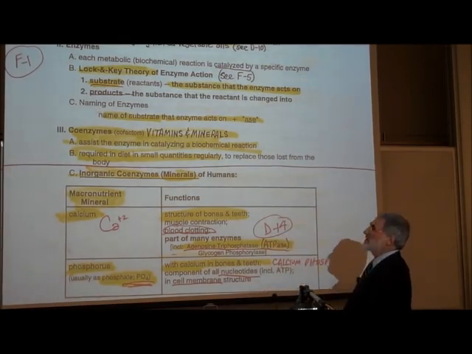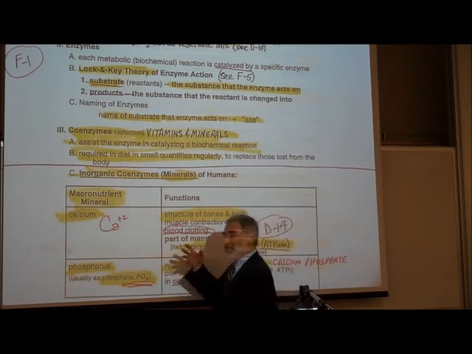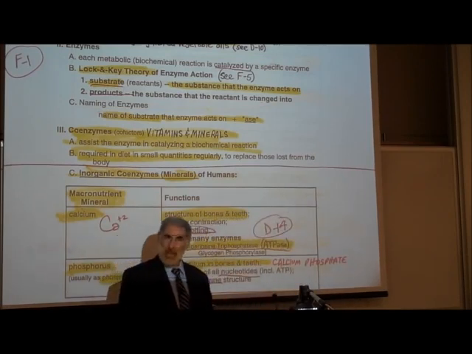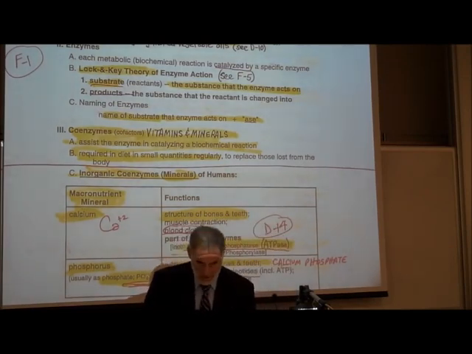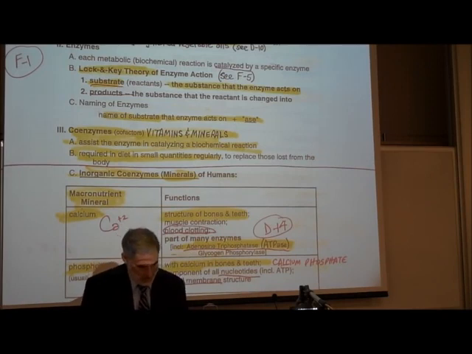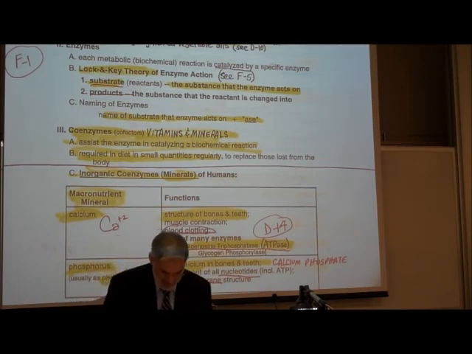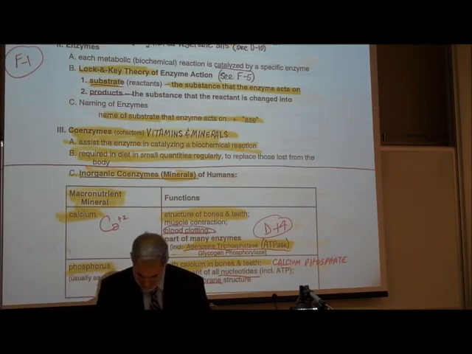Now, these vitamins and minerals are needed in our diet in small amounts to help the enzymes catalyze these chemical reactions. Incidentally, the original context where I mentioned this idea of an enzyme and a coenzyme was on page D14.